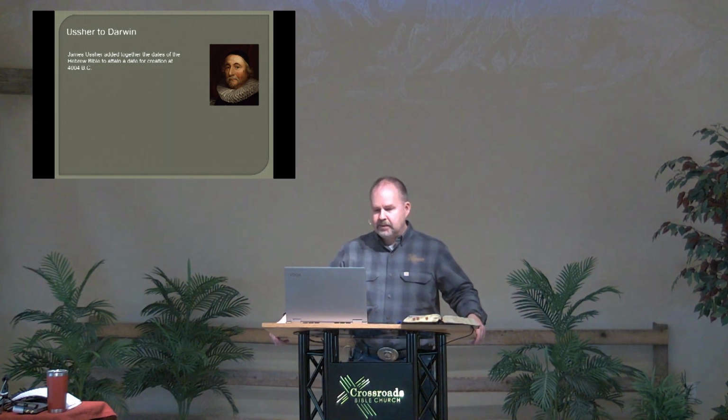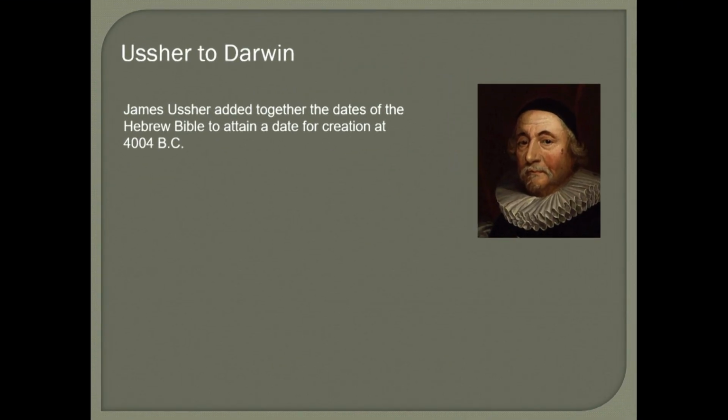If we step back just a bit to James Ussher, he added together the dates in the Hebrew Bible using a variety of assumptions, and he attained a date for creation at 4004 BC. Now, I can tell you right off the bat that that is incorrect.